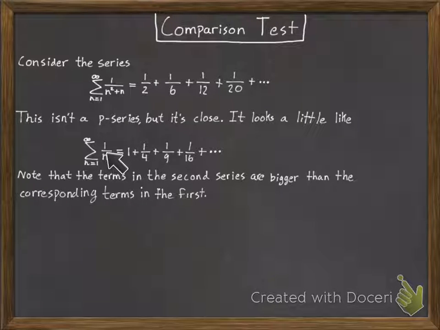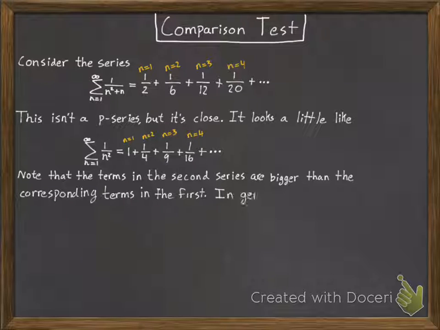If I look in this second series where I've got n equals 1, 2, 3, and 4, and compare that to the first series up here, where again I've got n equals 1, 2, 3, and 4, the terms in the second series are bigger. 1 is bigger than a half, a 4th is bigger than a 6th, a 9th is bigger than a 12th, a 16th is bigger than a 20th.